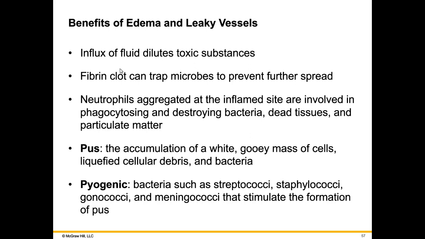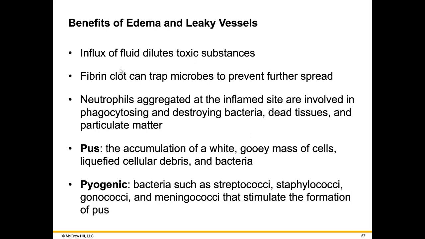So this allows for fibrin clots to trap microbes. This prevents further spread, and the fibrin clot is a step in the process that occurs whenever you have an injury such as the nail in the foot example. There's going to be a cascade of events called blood clotting, and I can't remember if we're going to go into that in this class.